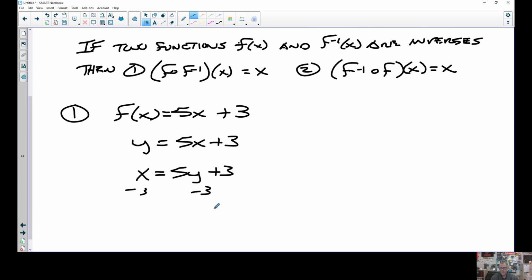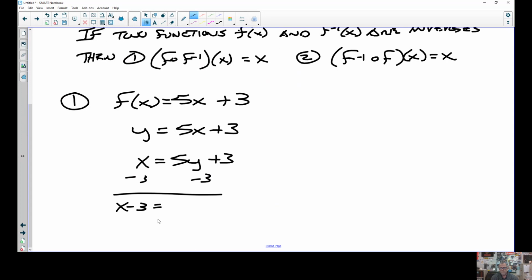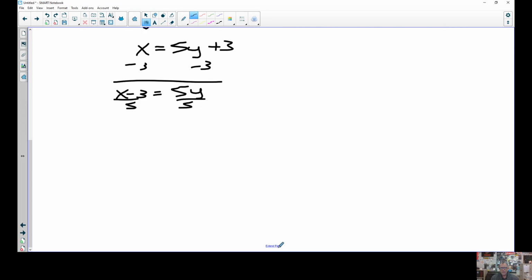Minus 3, I get x minus 3 equals 5y. Divide everything by 5, and I get that y equals x minus 3 over 5. And I'm going to leave it that way. You could call it 1/5 x minus 3/5. If you want to do that, that's fine.